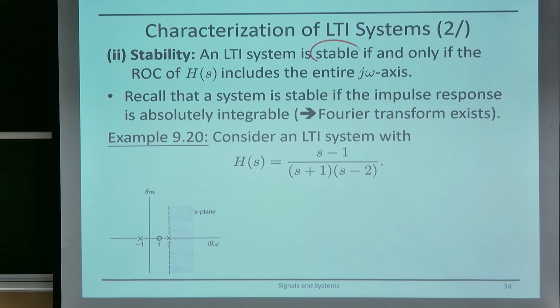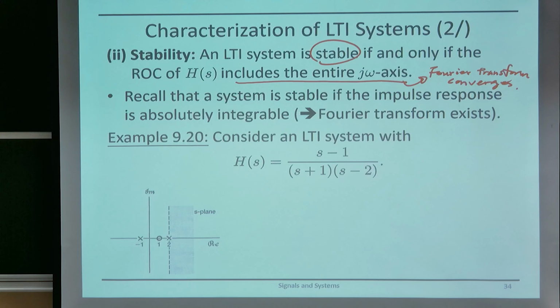So why is that? Having a region of convergence that includes the entire j omega axis means that the Fourier transform exists. So this means that the Fourier transform converges.